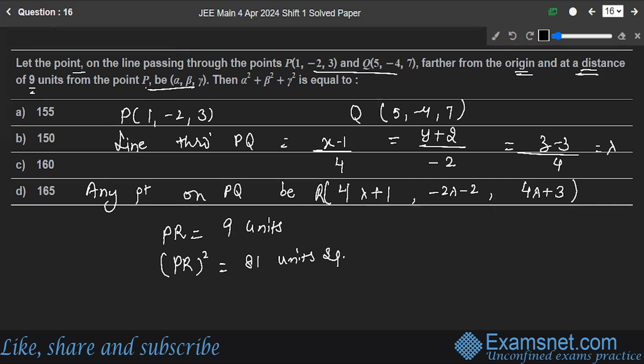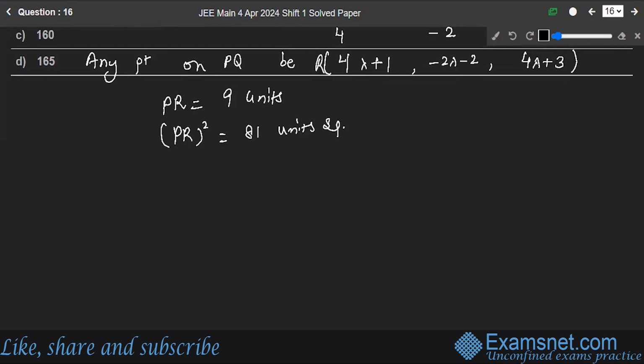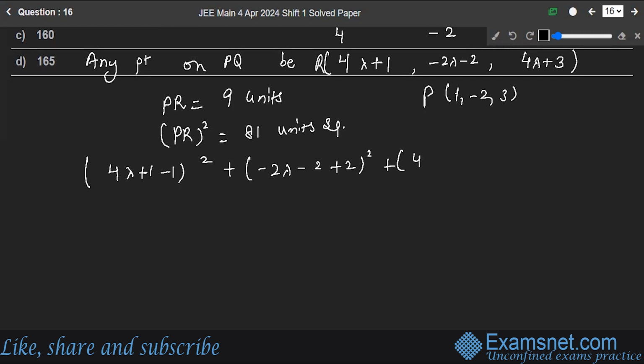So what is PR? This was your R, and P had the coordinates 1, minus 2, and 3, right? So PR will be given by 4 lambda plus 1 minus 1 square, plus minus 2 lambda minus 2 plus 2 square, plus 4 lambda plus 3 minus 3 square, is equal to 81.